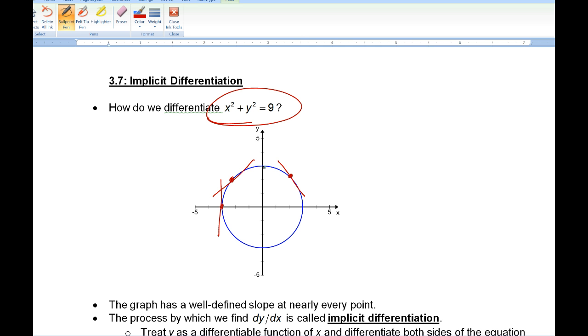Why is it a circle? This is just the example that I'm starting with. It doesn't have to be a circle. Well, x squared plus y squared is the equation of a circle. Always. So if it's of the form x squared plus y squared equals r squared, that's a circle.